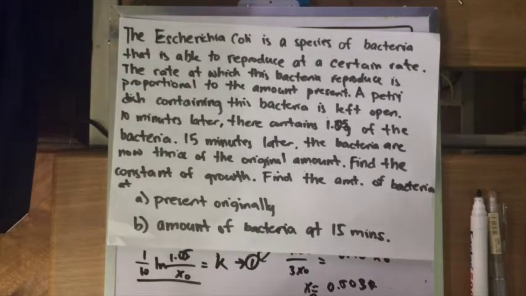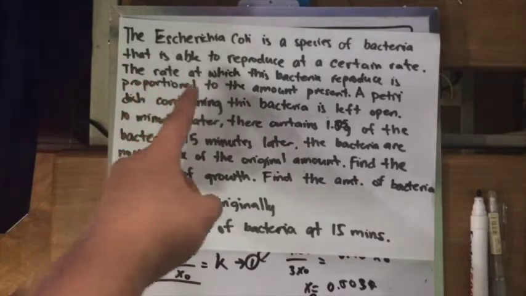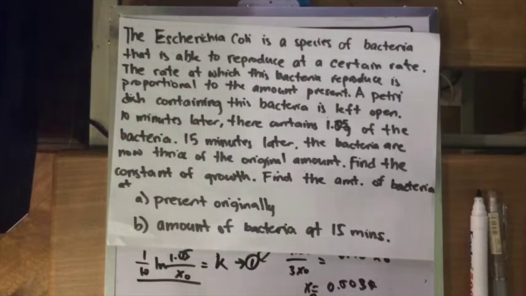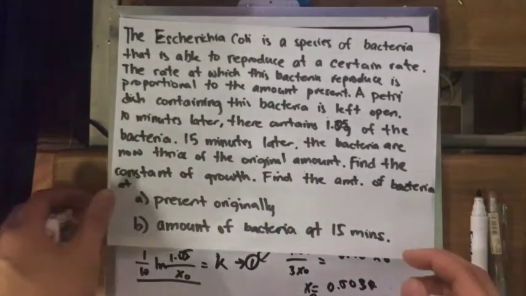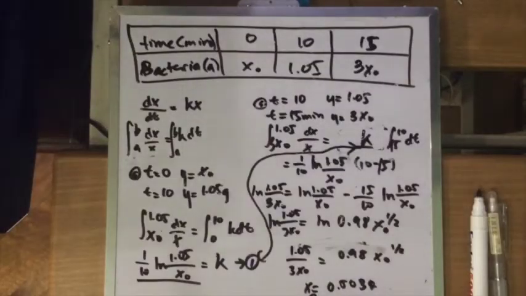So we would know that this is a decomposition and growth problem, since it already stated here that the rate at which this bacteria reproduces is proportional to the amount present. First of all, it is best to set up a table that has the following details.